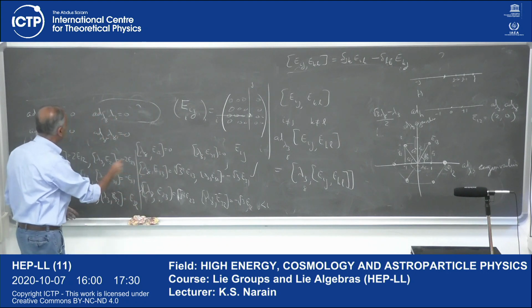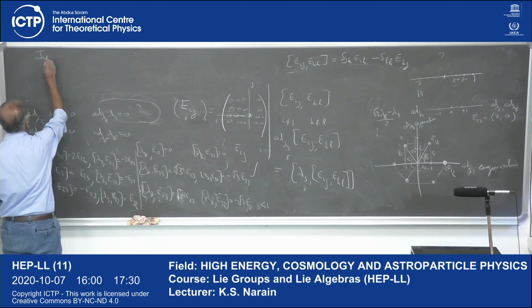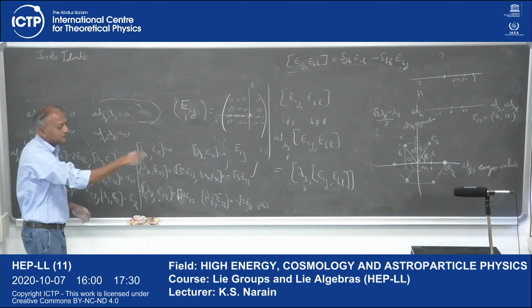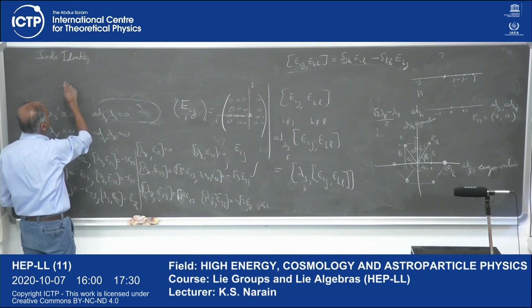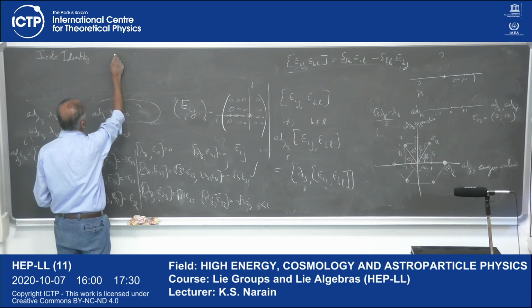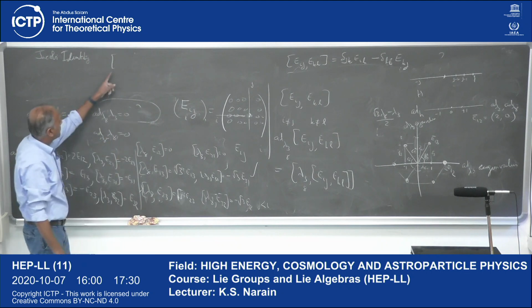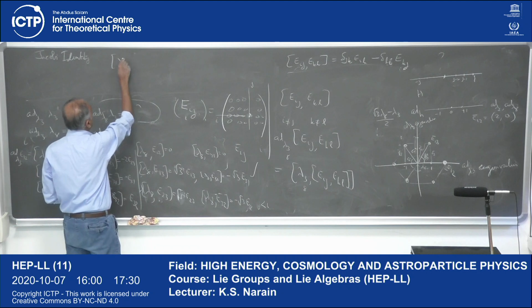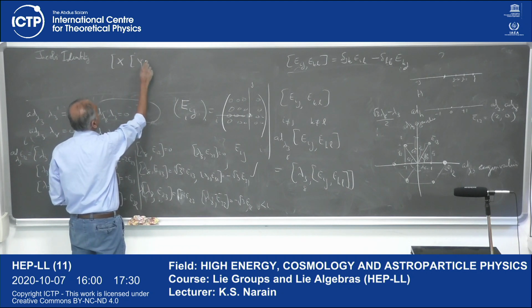Okay, so now we use the Jacobi identity for the triple commutator. Basically, that identity can be written in this way, and I think writing it this way it's easier to remember. If I write it like this: x, y, z.